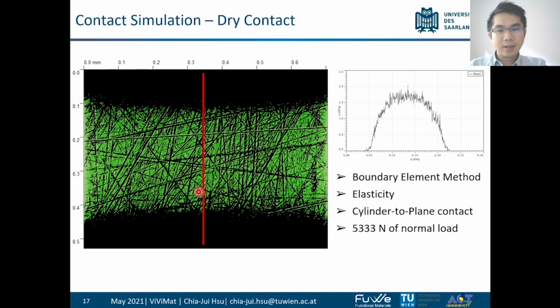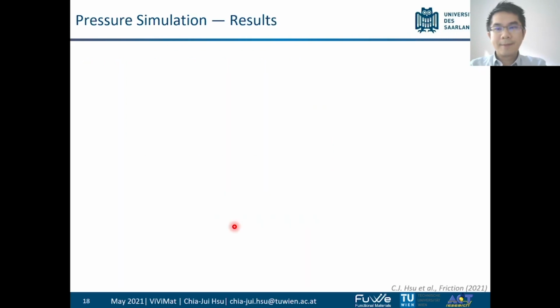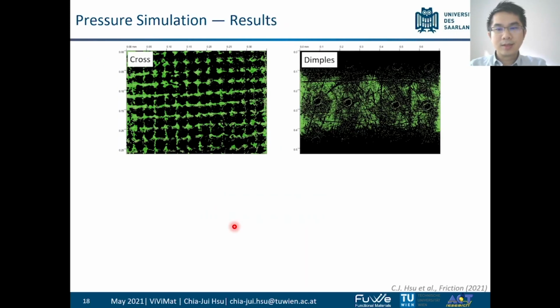as you can see, here is the contact region by a cylinder roller to the bearing washer. Then we see the cross section here. Then we have the pressure distribution.